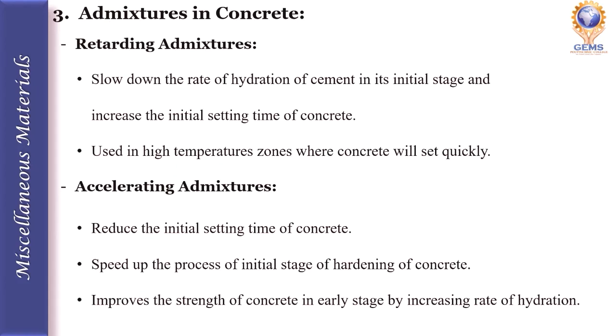They speed up the initial stage of hardening of concrete. Hence, they are also called accelerators because they are speeding up the process. These accelerators also improve the strength of concrete in its early stage by increasing the rate of hydration.